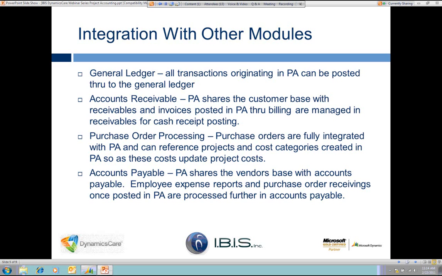So that if I choose to look at my modified window, which includes now a project number and a cost category number, if I choose, I may give my users access to this window so that when they are creating a purchase order, they now can reference a project number and a cost category, as well as an inventory item if necessary.